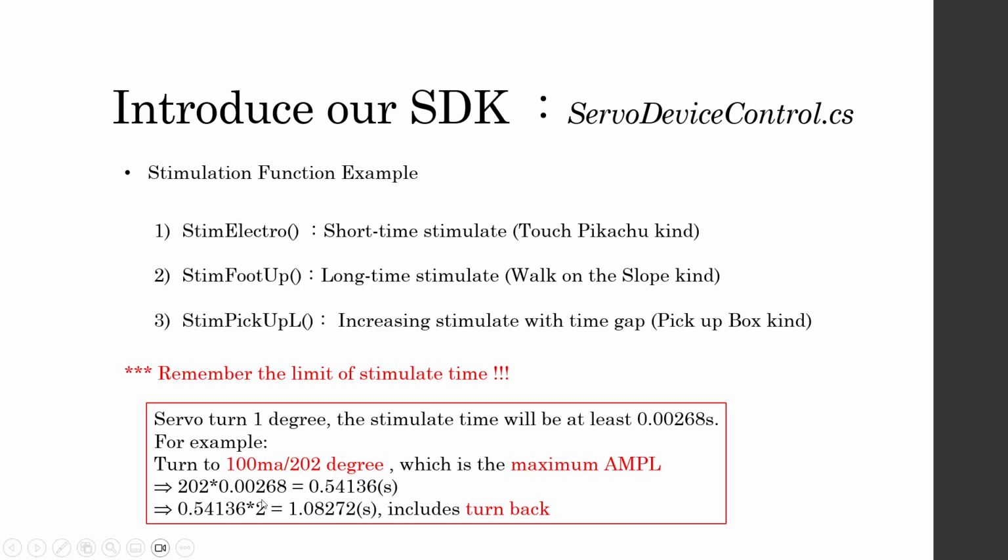So when you turn the servo 202 degrees, you need to wait about 0.5 seconds. And because you need to calculate the turn back, the servo needs to turn to 100 mA and turn back to 0 mA. So including the turn back, you need to wait about 1 second.